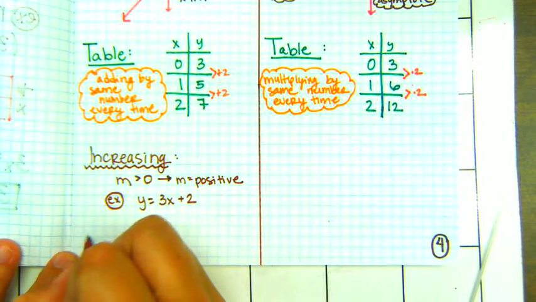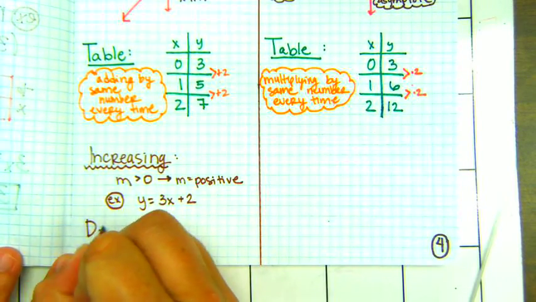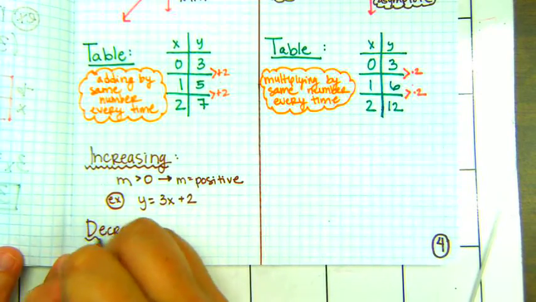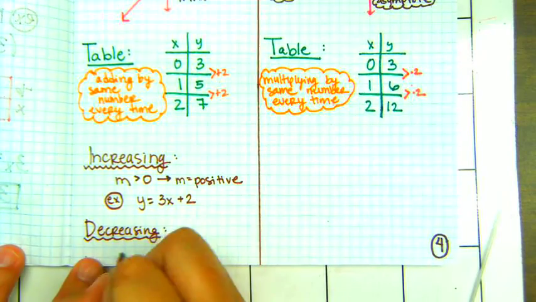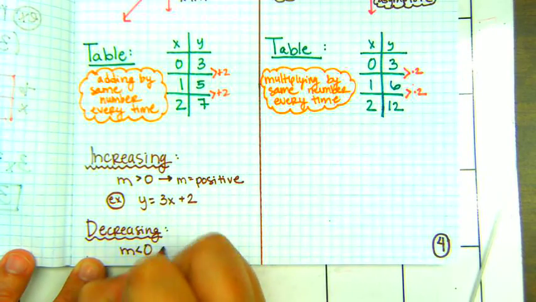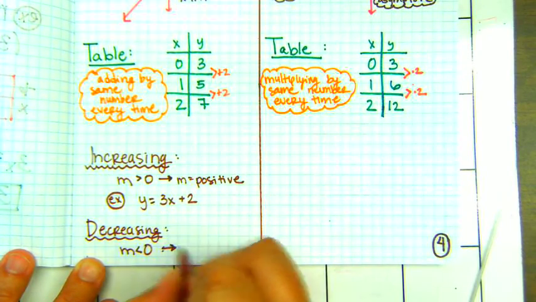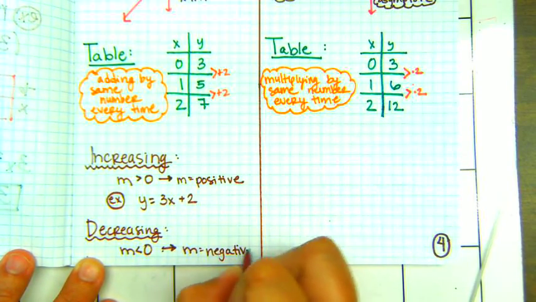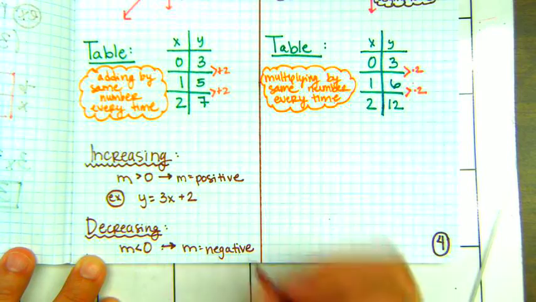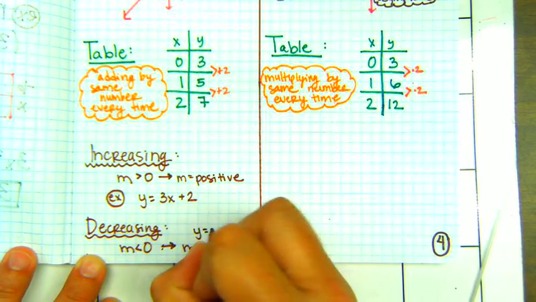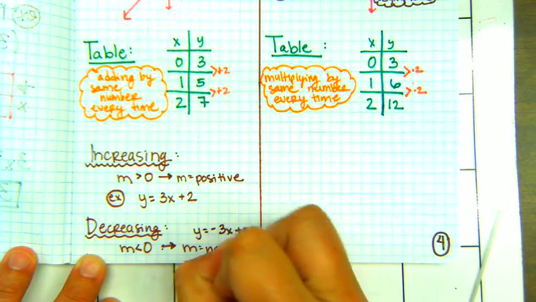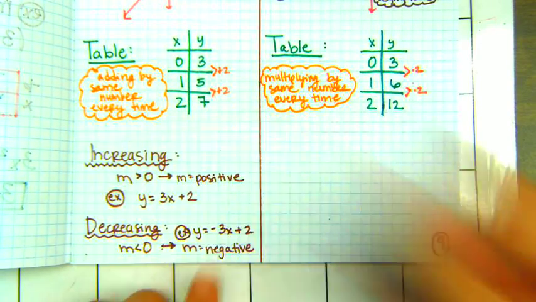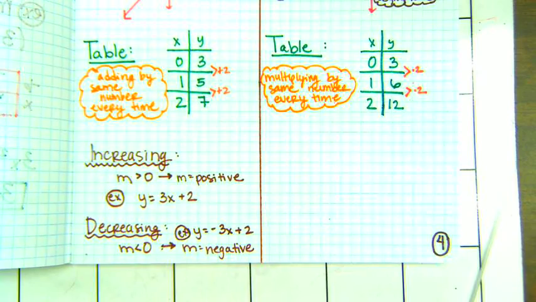To have a decreasing linear function, your m has to be less than 0, which means your m is negative. And an example of that could be y equals negative 3x plus 2. You'll notice that m is negative. We have a negative 3, so that makes it a decreasing linear function.